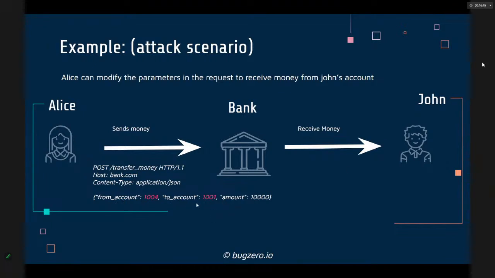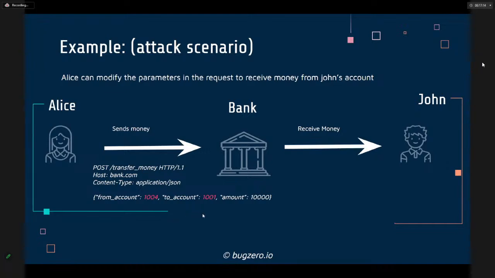Then instead of sending the money, Alice is going to retrieve that money from John's account. This can occur due to not having proper validation on the server side, and not providing any proper authentication or authorization for this endpoint.